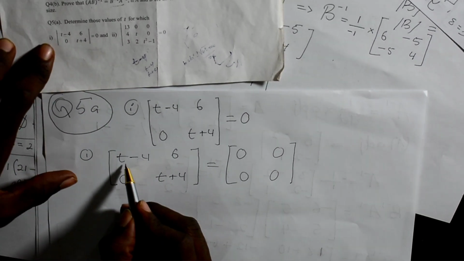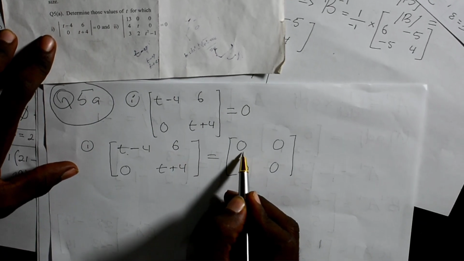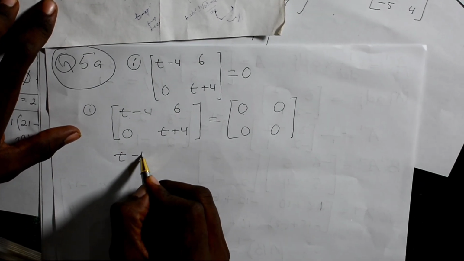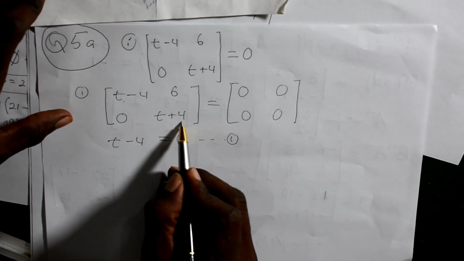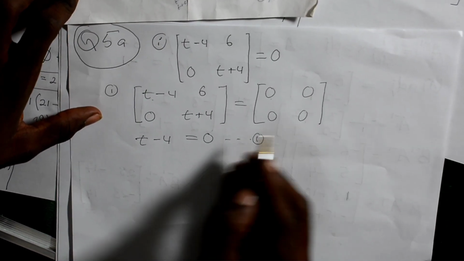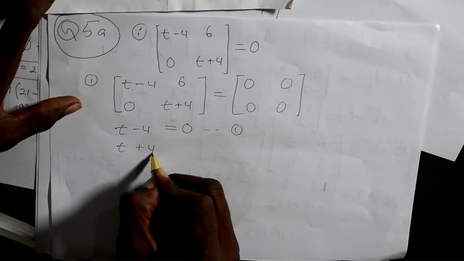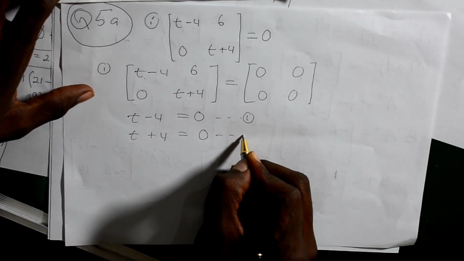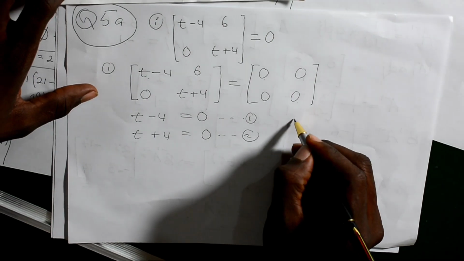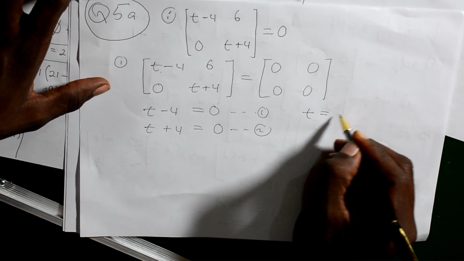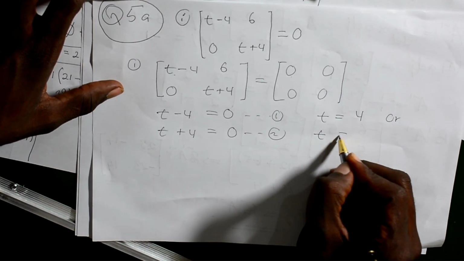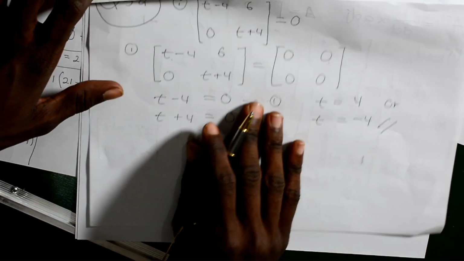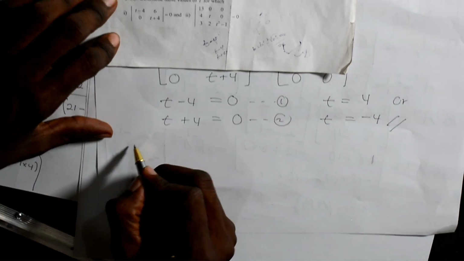So now t minus 4 will be this 0, component by component, as equation 1. And t plus 4 will be this 0, component by component again, as equation 2. So now in equation 1, t will be equal to 4, and t will be equal to minus 4 in equation 2. So this is the answer.